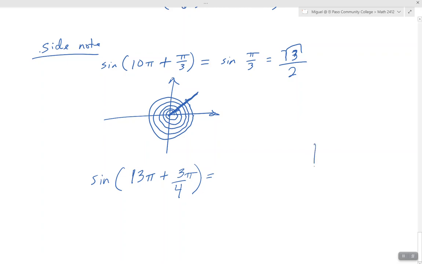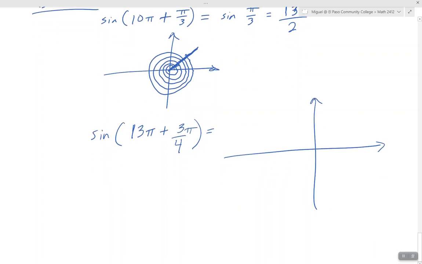Where would this be? So 13 pi would give us how many full revolutions? 6 plus half one, right? So 6 full ones, good. And then another half. And then the 3 pi over 4 still, right? So it would be something like 1, 2, 3, 4, 5, 6, and then half, and then still 3/4 pi.